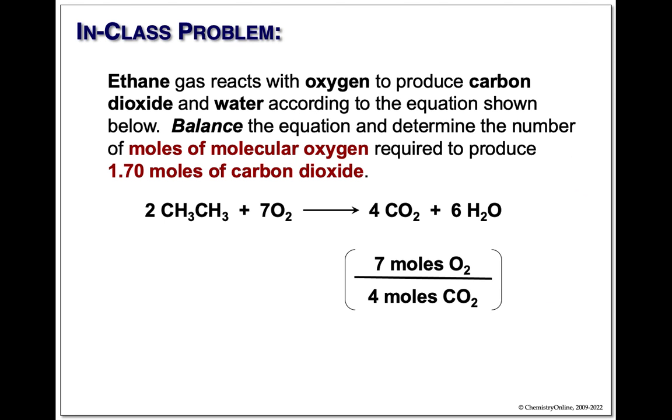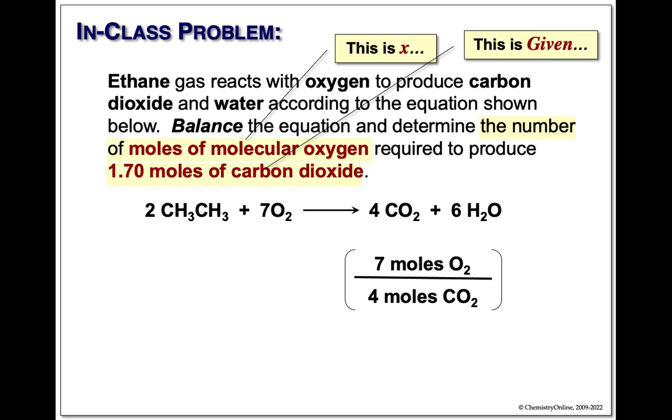Now the unknown ratio, moles of oxygen is X, moles of CO2 is the given. So, on your calculator one more time, you would do 1.7 times 7 divided by 4.